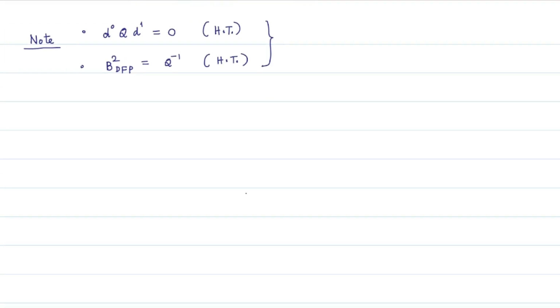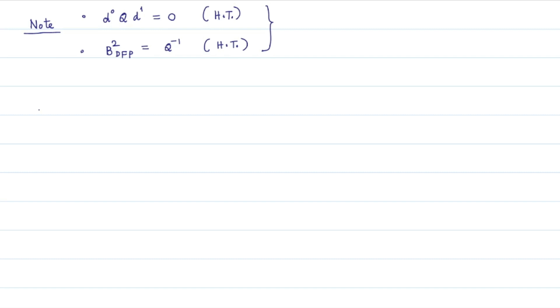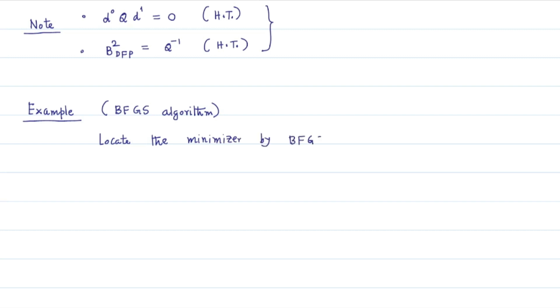Now I will give another home task here, that with the help of the BFGS update formula, you solve the following problem, that is, locate the minimizer by BFGS algorithm for the function f given by half x transpose, this 2 by 2 matrix, x, and x has two components x1, x2.